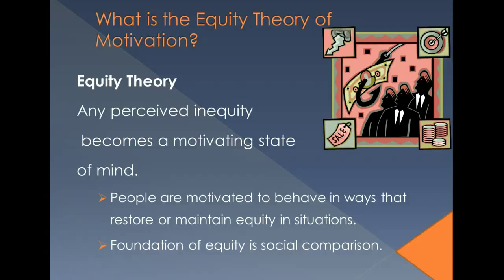So future motivation depends on how equitable you feel the rewards and the treatment are in the workplace. So it's sort of a social comparison. It's comparing and contrasting your situation to other situations in the workplace. Think about class. When you receive a grade, do you quickly try and find out what the others received in class as well?